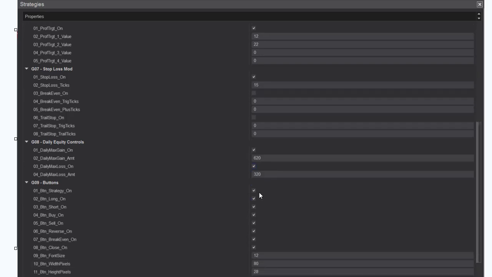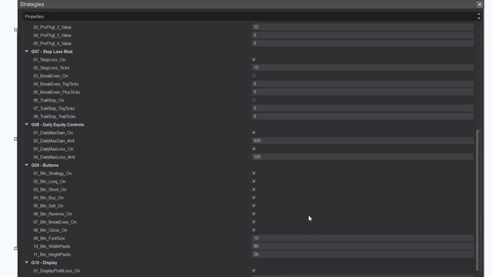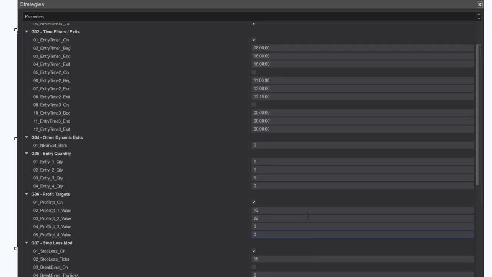These are all just default levels for the buttons, and that's it. That's all you need to know. All the rest is default down below. So it's pretty simple to set up, and takes a matter of 30 seconds or so.